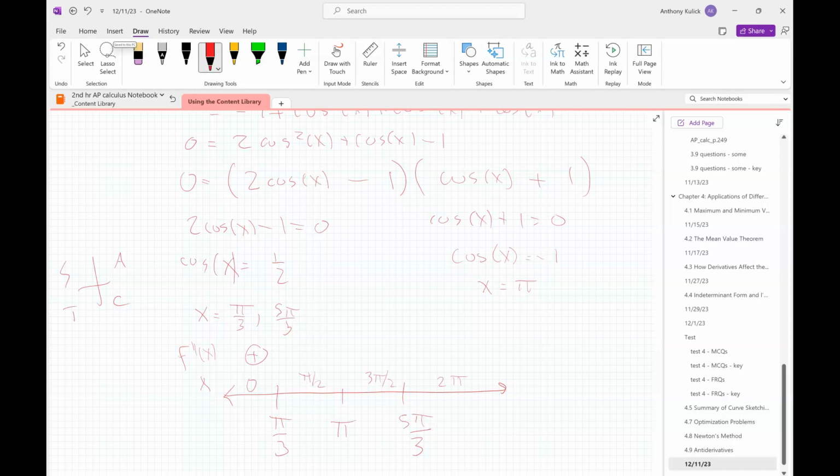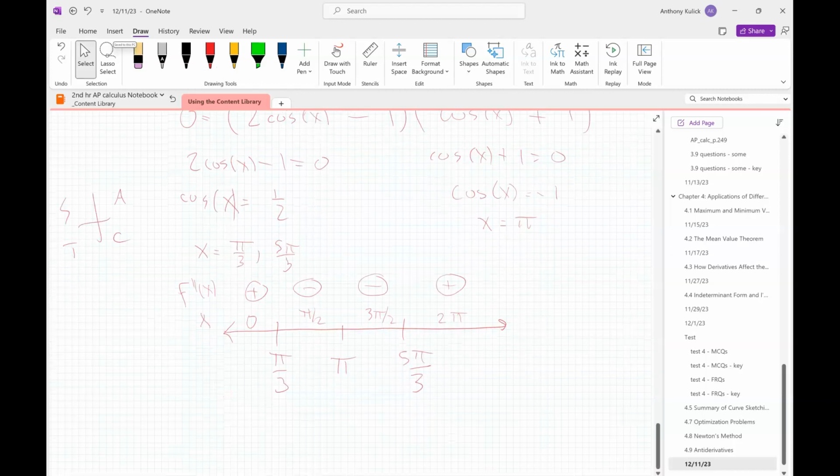If I plug pi over 2 in, cosine is 0, so that's -1 plus 1, so that's negative. And then if I plug 2 pi in, that is 2 minus 1, so that's 1, and then plus 2, so that's positive.